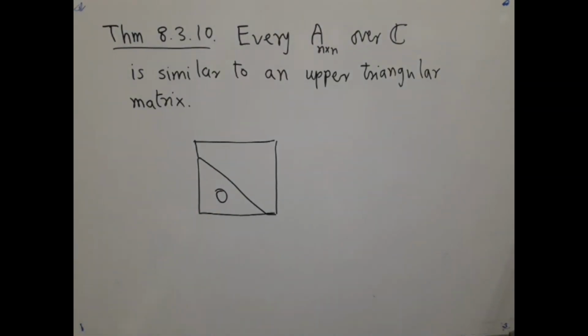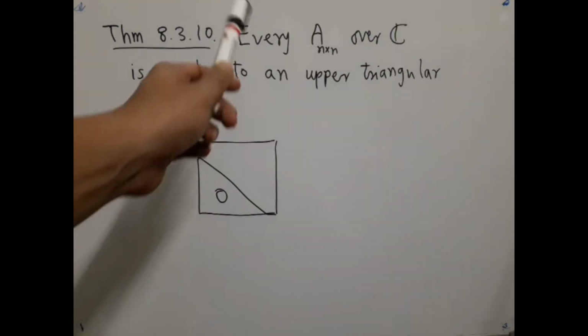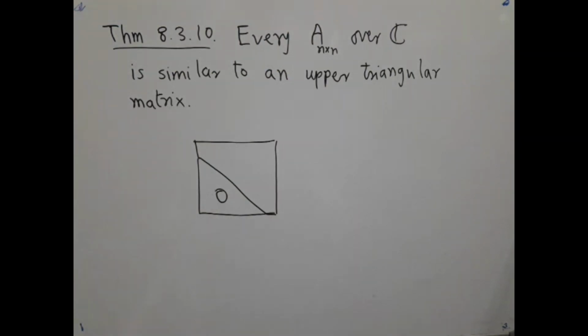So if you are trying to prove some property which is invariant under similarity, then you can as well assume that your matrix is given to be upper triangular. Just as an example of use of this result, you can try to prove that the sum of eigenvalues is equal to its trace.